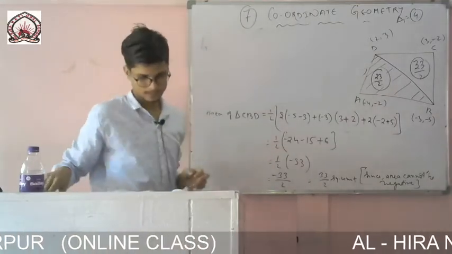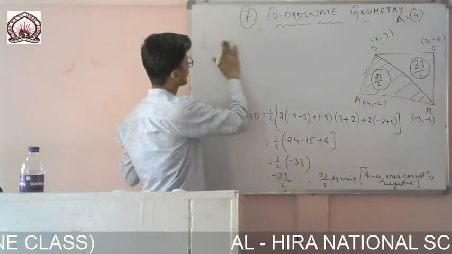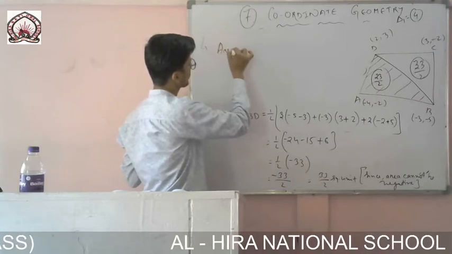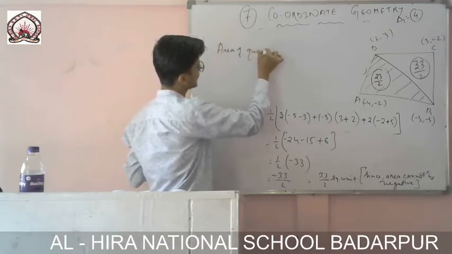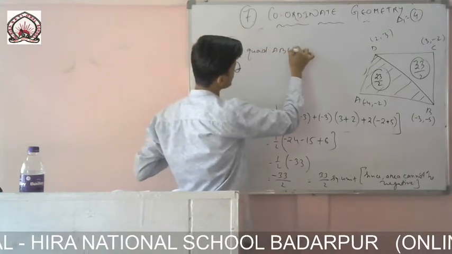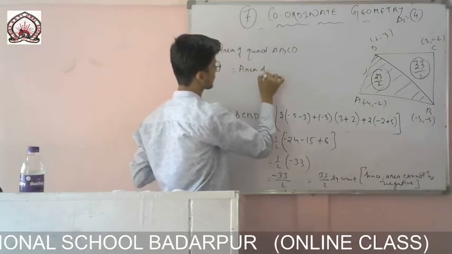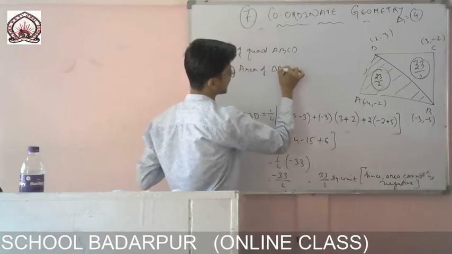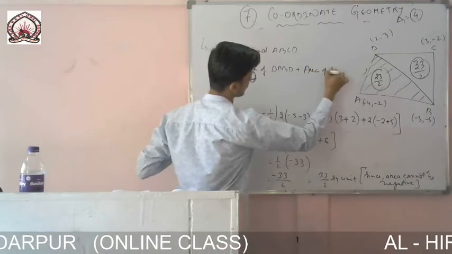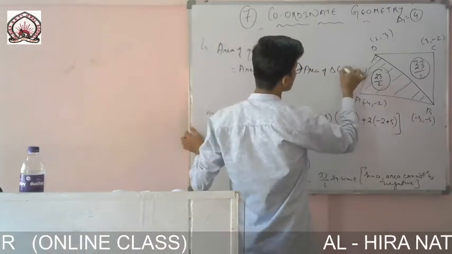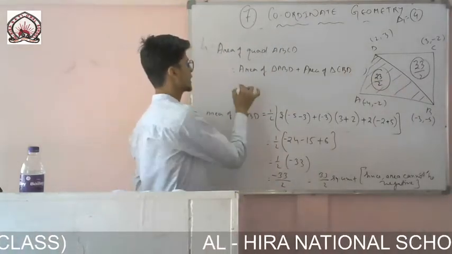So you write like this: therefore area of quadrilateral ABCD will be equal to area of triangle ABD plus area of triangle CBD.